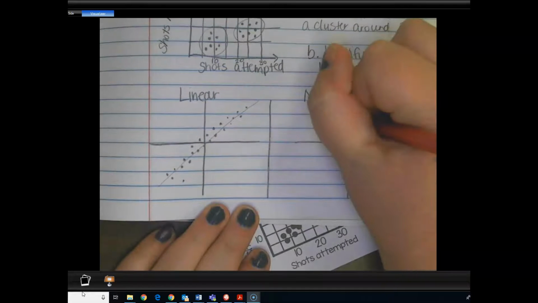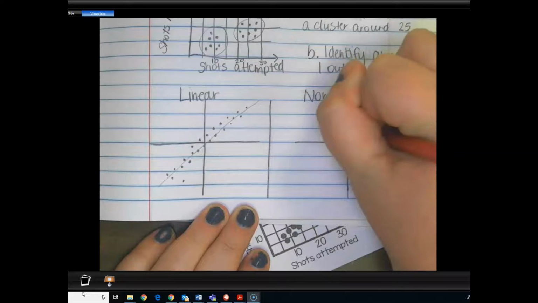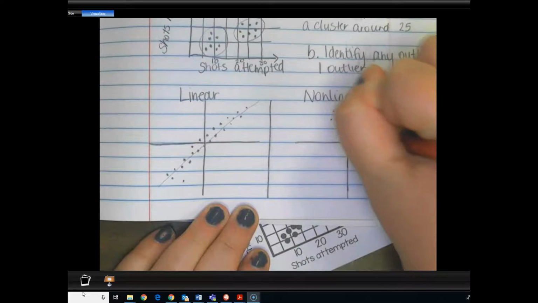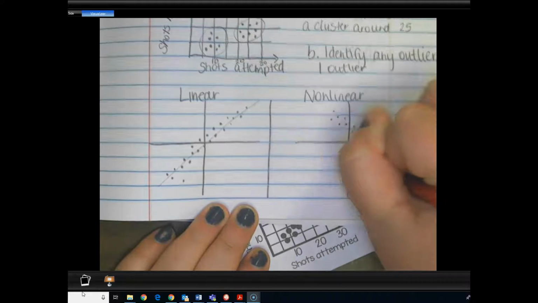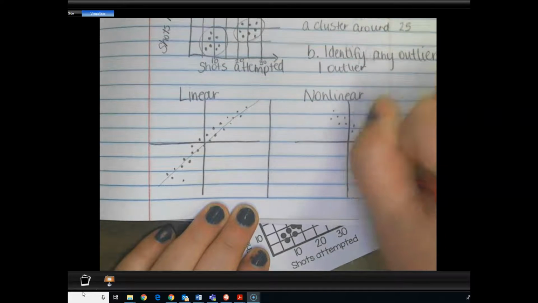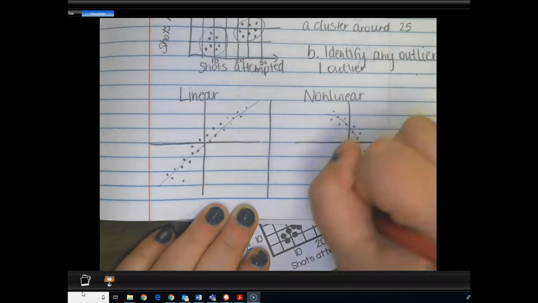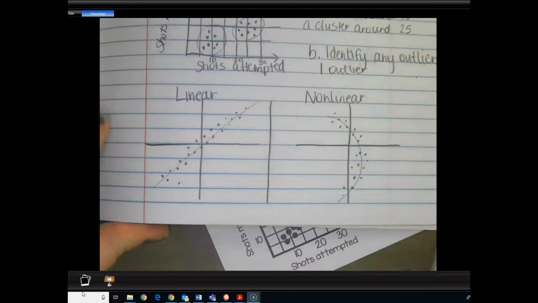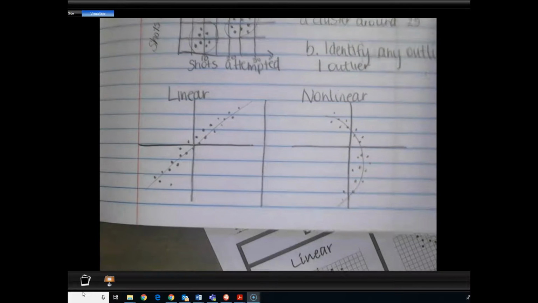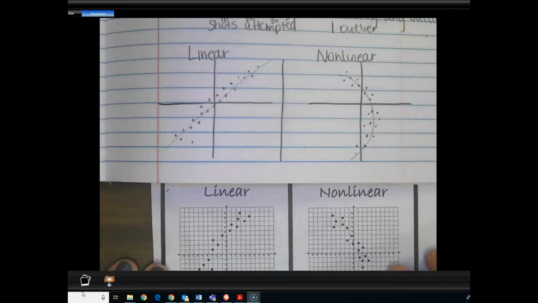Versus a nonlinear, which I'm going to make my dots go in the shape of a backwards C, kind of. If it helps, you can draw the line first and then draw a bunch of dots around it. That's what mine looks like. This is what the actual one that students in class are getting a copy of looks like.